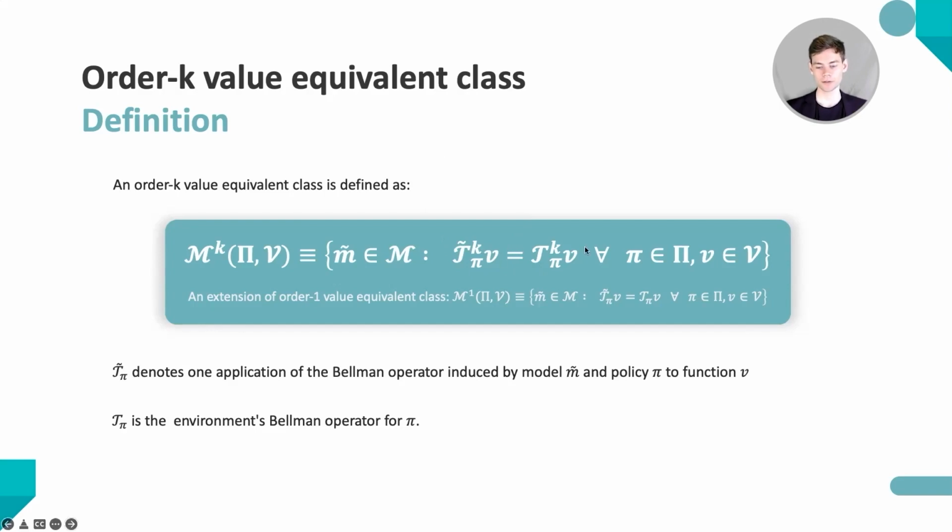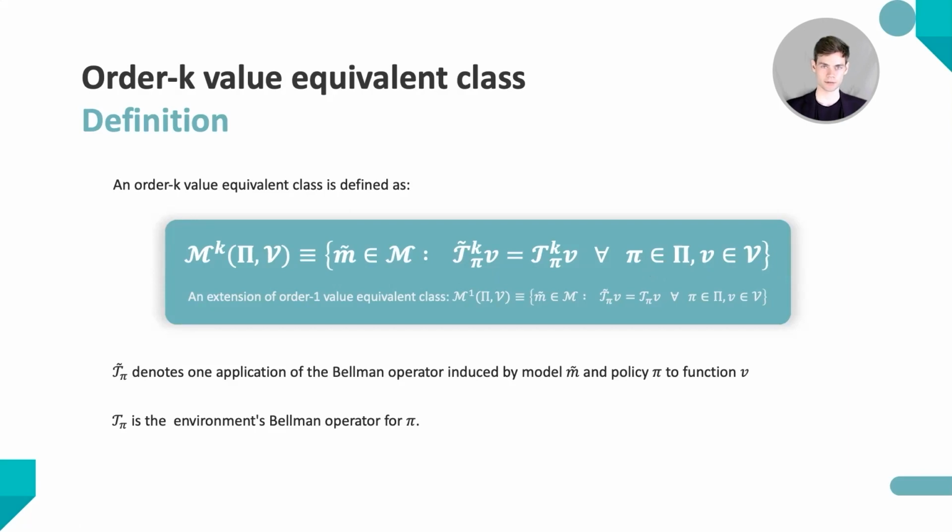If these two are equal for all policies pi in the set of policies that we consider, and all value functions in the set of value functions we consider, then we call this an order K value equivalent class. That is the definition. And the classical value equivalence definition was for K equals 1. So that would simplify this expression. It would turn it into just T pi V here. So just one single Bellman operator. And we would require that those are equivalent.